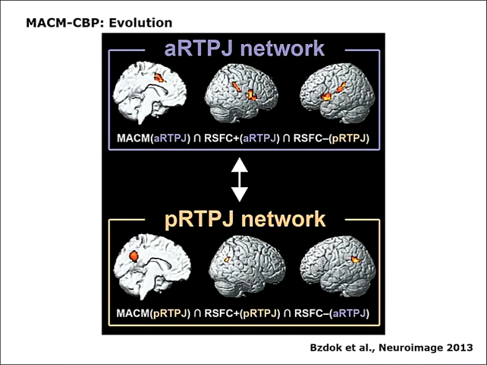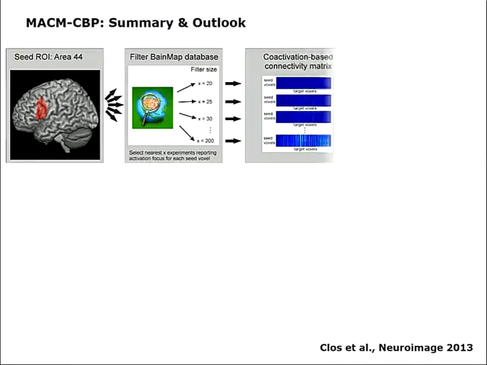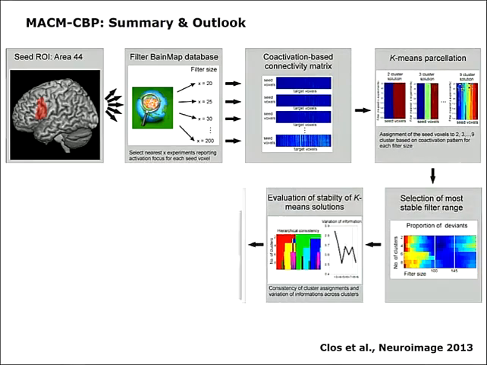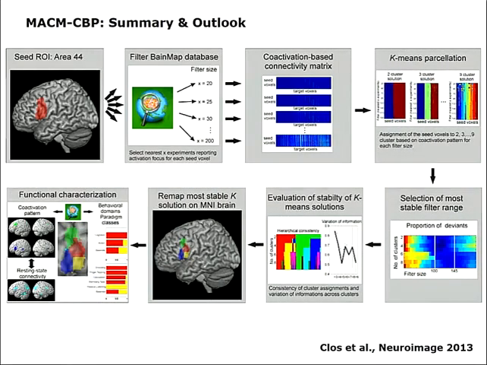All right, so I'm going to go through this here. To summarize a more complete process of running a brain parcellation study, you start out by choosing a region of interest, as I said. There are various ways to do this, and you probably want to align this with the types of statements that you ultimately want to make. You collect, in the MACM example, brain map studies that activate in that region.